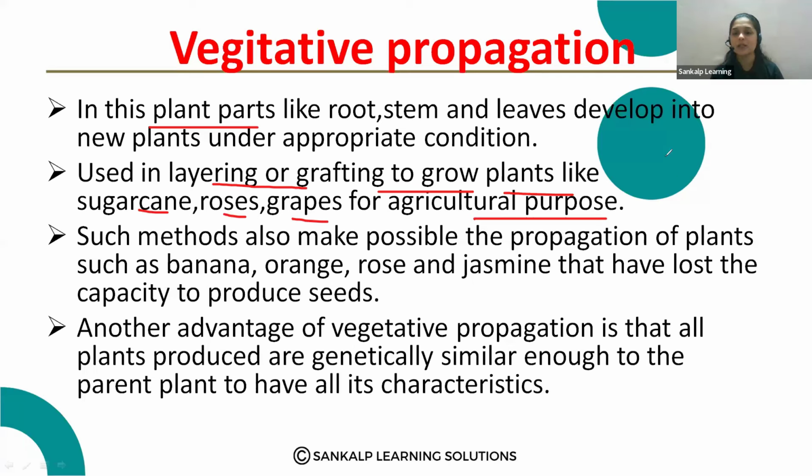For example, I have taken a red rose plant, the rose that is able to produce red flowers, and one more stem I will take, a stem of another rose plant that is able to produce some other colors.